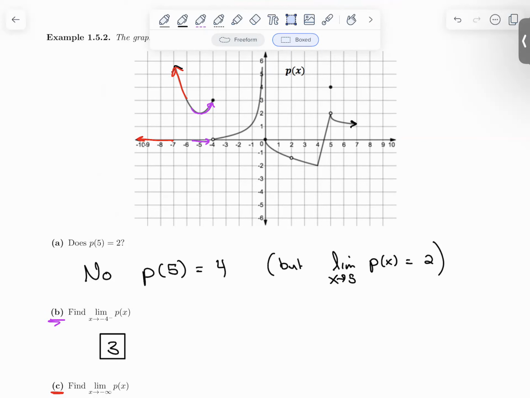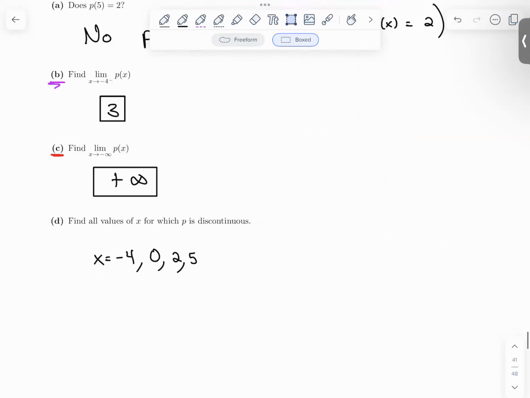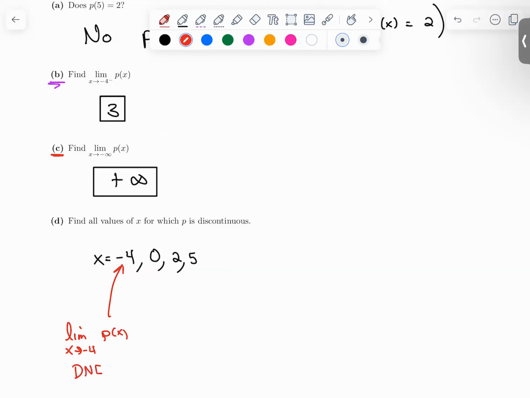Those are intuitions, but the reason for it is that the limit does not exist. So if that was a question on a quiz or an exam, hint, wink, wink. You see, I'm winking. That might be something to make sure you know how to do. We all good? We would say it is discontinuous there because the limit as x approaches -4 of f of x, or p of x, excuse me, does not exist.